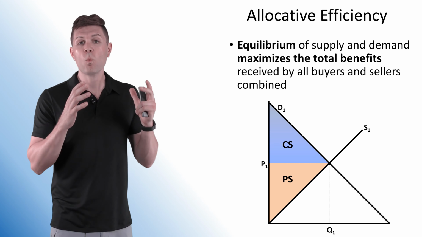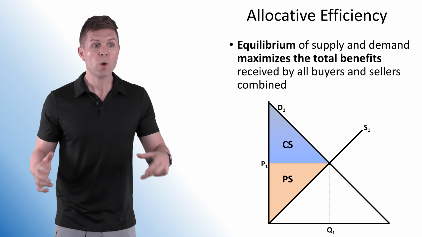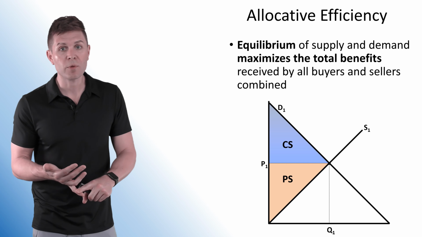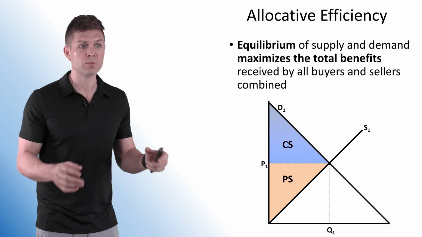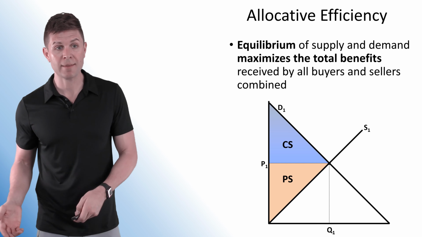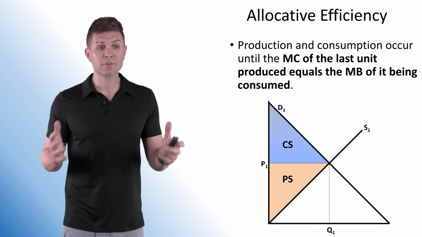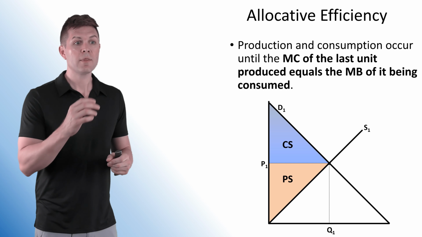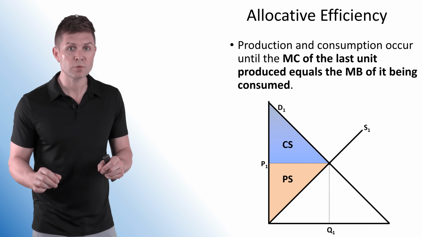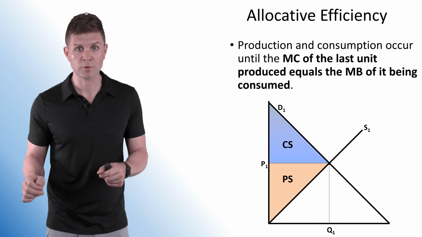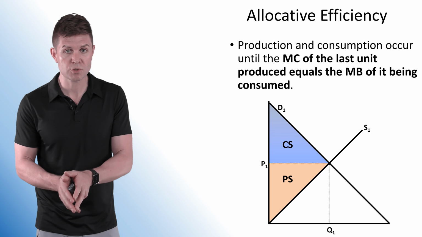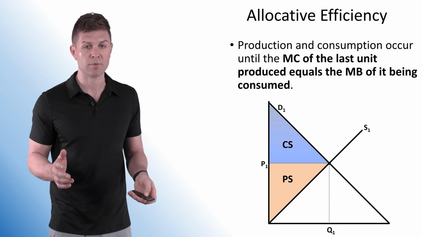But it's simply when we're producing at equilibrium, the spot where the supply and demand curves intersect, this maximizes total benefits received by the buyers and by the sellers. So production and consumption occur until the marginal cost of the last unit produced equals the marginal benefit of it being consumed. So marginal benefit has to equal marginal cost to be at allocative efficiency.